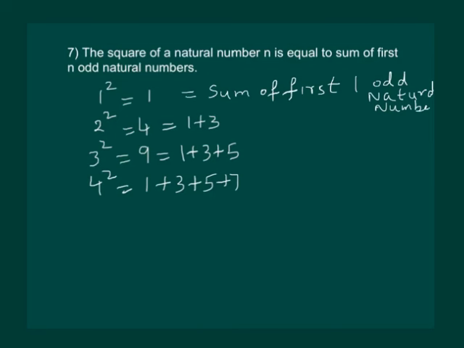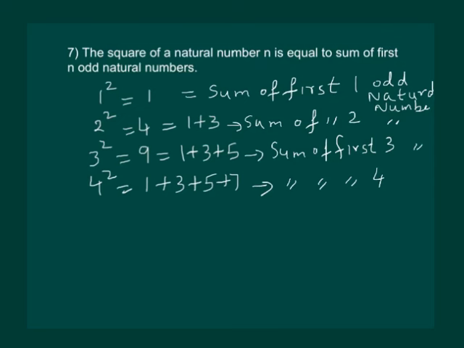Similarly, 1 plus 3 is the sum of first two natural odd numbers. 1 plus 3 plus 5 is the sum of first three natural odd numbers. 4 square is the sum of first four odd natural numbers, and hence we come to the conclusion that the square of a natural number n is equal to the sum of first n odd natural numbers.